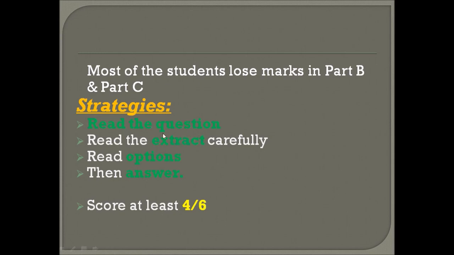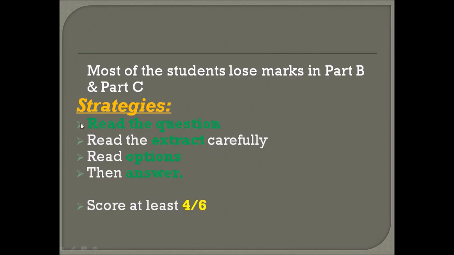Read the question in 4, 5, 6 seconds, then read the extract. After the question, don't read the options. After reading the question, you have to read the extract carefully. First read the question, then read the extract, then read the options. Third, you read the options and then answer carefully.